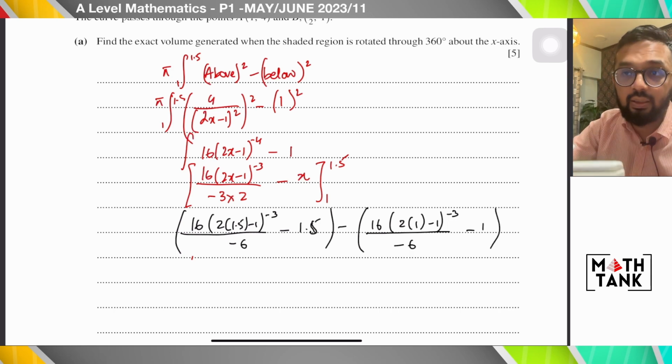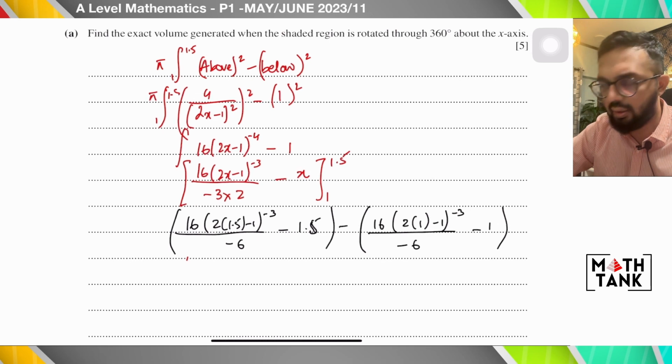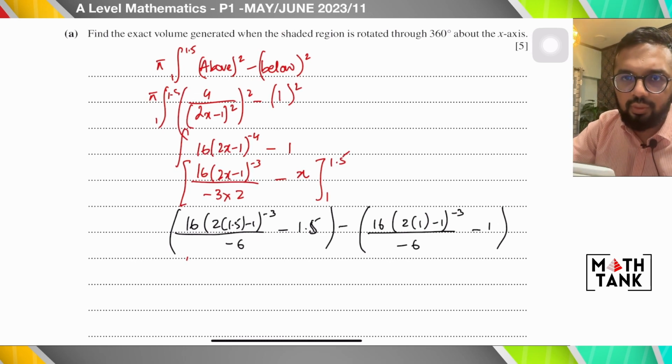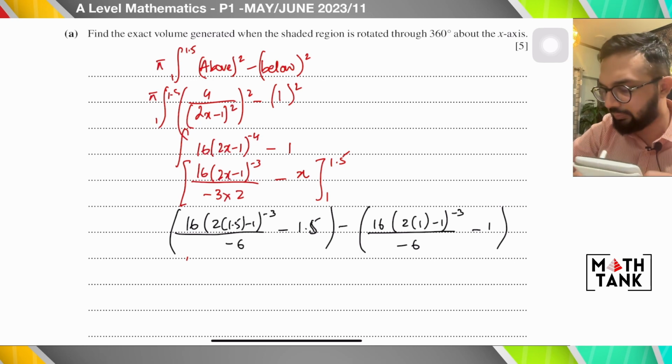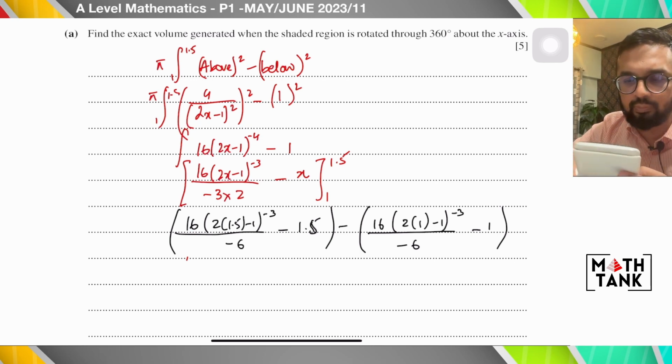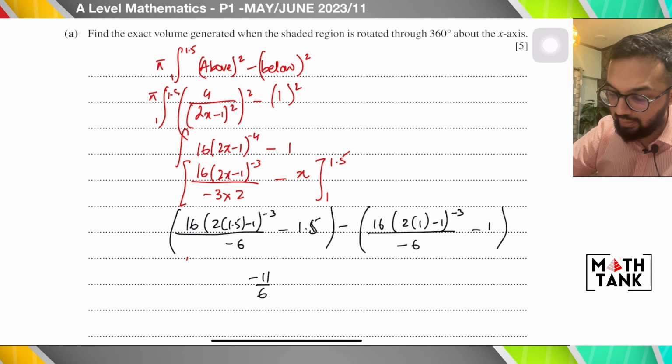Let's see if we get the correct answer. It's a complicated expression there. Okay, that's coming out as minus 11 over 6. Let's see what the other one comes out as.